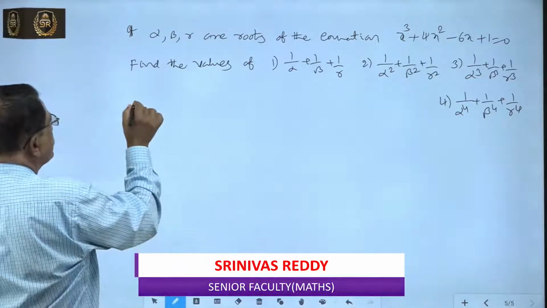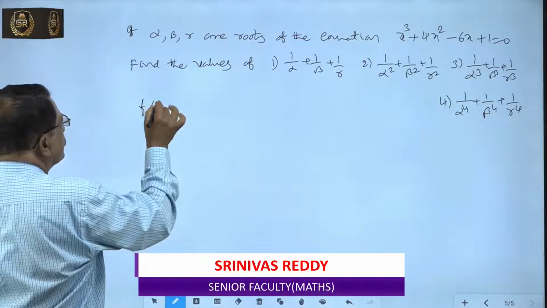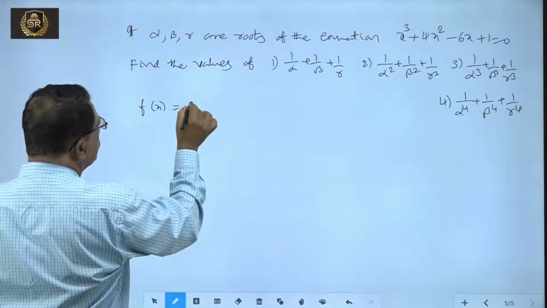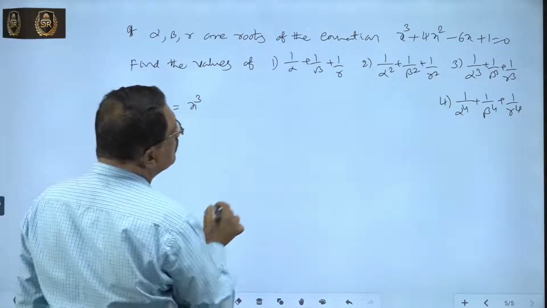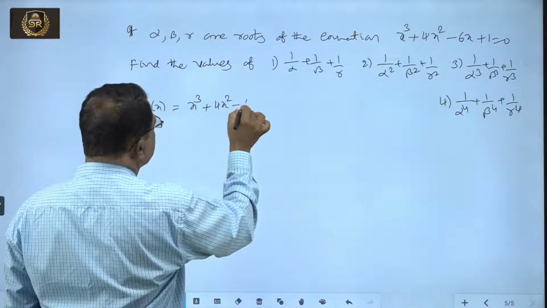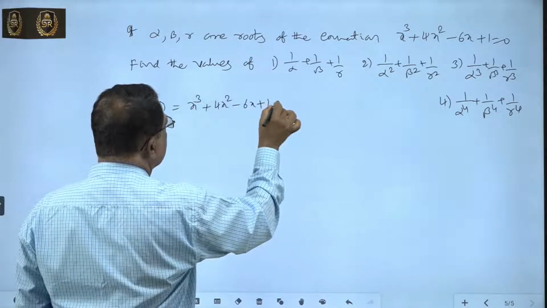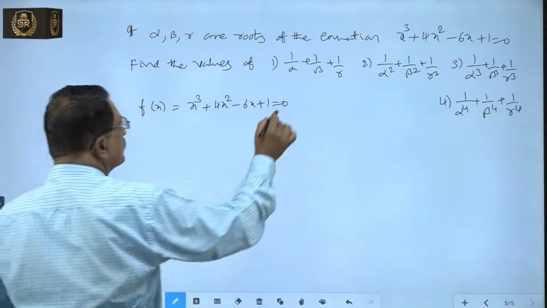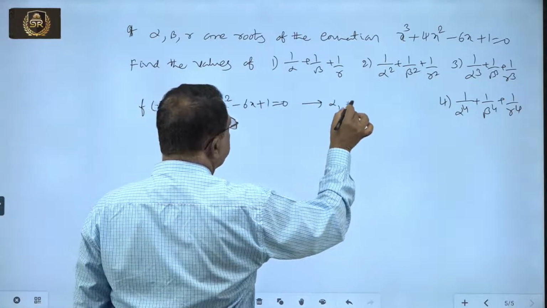Consider the given equation. Here f of x equals x cube plus 4x square minus 6x plus 1 equals 0. Now this equation's roots are alpha, beta, gamma.